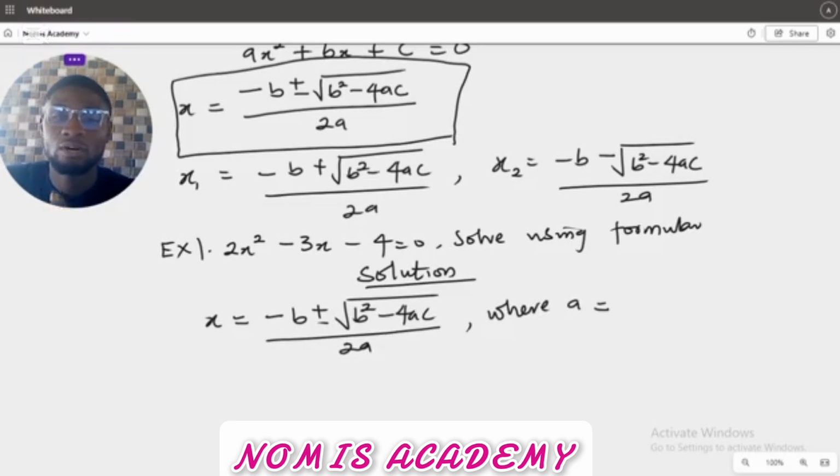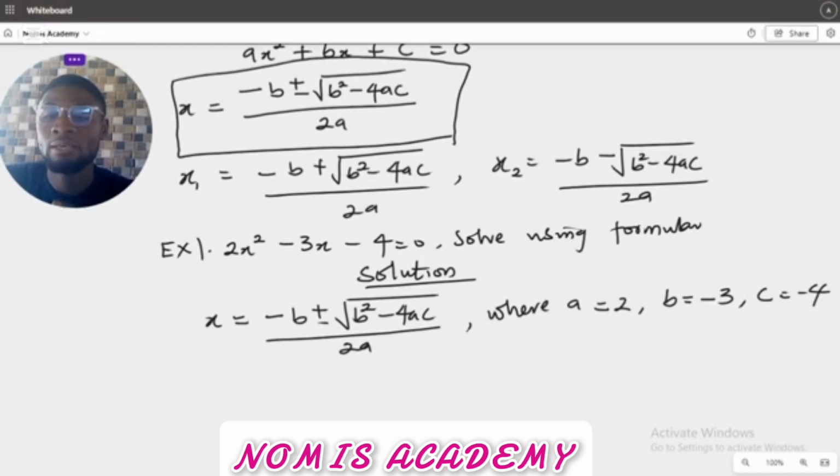Remember the form of the quadratic equation I gave above, ax squared plus bx plus c. Now using that form to judge the quadratic equation given to us, 2x squared minus 3x minus 4, the value of a is 2, the value of b is minus 3. Very, very important that you take note of that sign. And the value of c is equal to minus 4 as well.